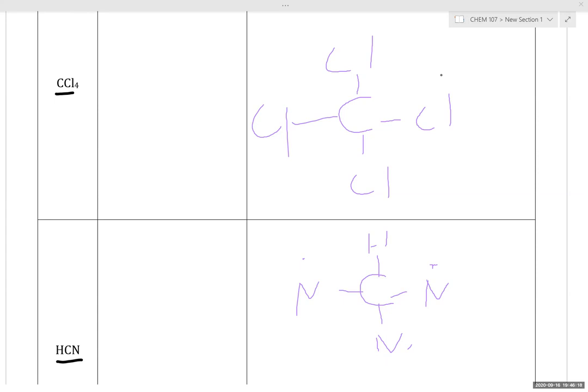Don't be shy to share your potential responses in the chat or using the annotate feature. Just one hint for the hydrogen cyanide structure: we have just one hydrogen, one carbon, and one nitrogen.